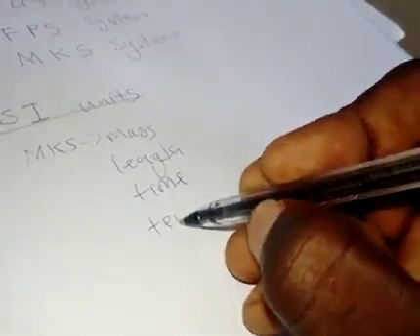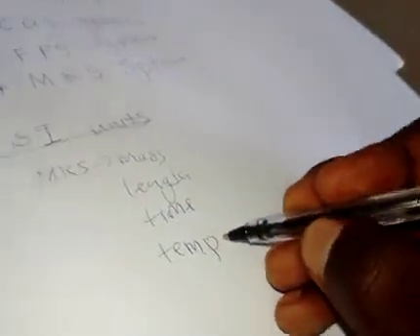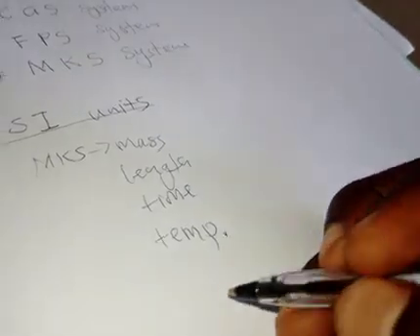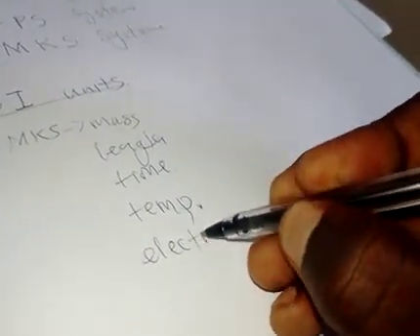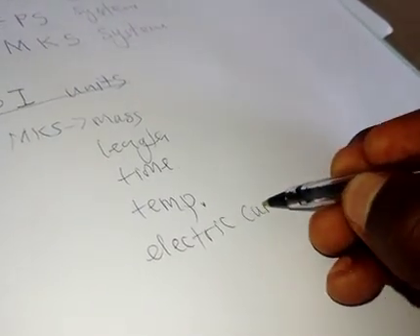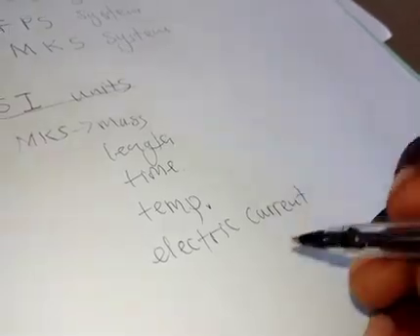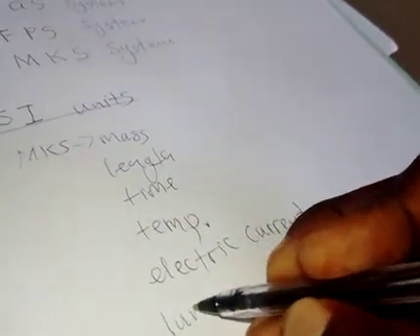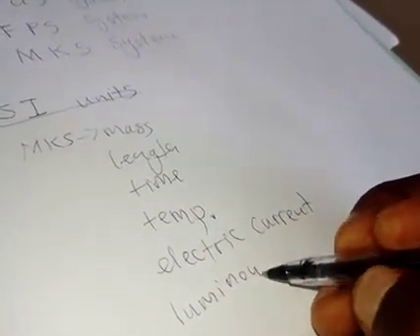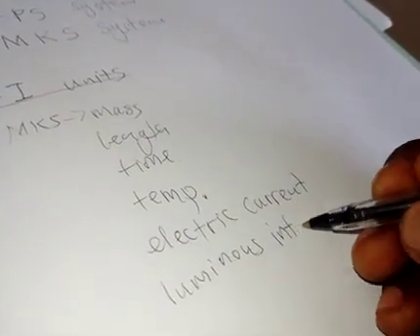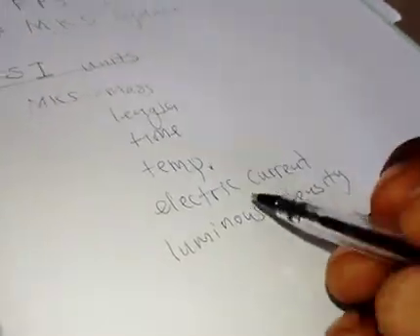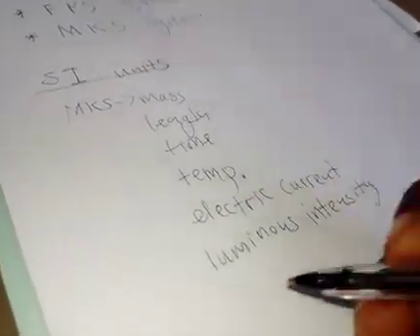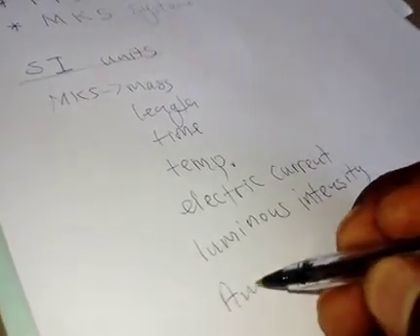We have temperature, electric current, luminous intensity, or simply light intensity, and amount of substance.